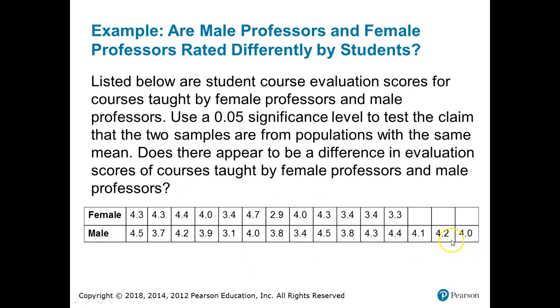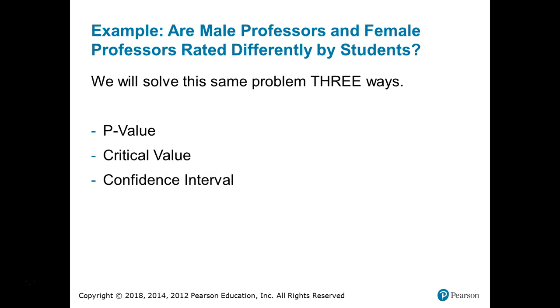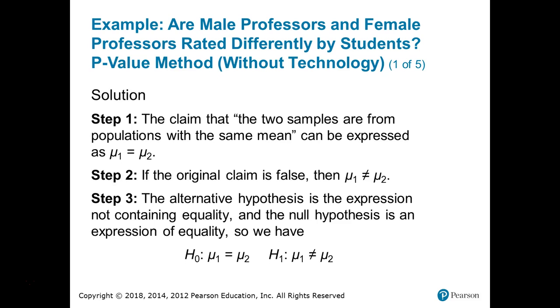Notice that the male professors have more data points than the female professors do. So first step, check your requirements. We are good. Woohoo. We'll solve it 3 ways, like I said before. So let's now look at the p-value method without technology.